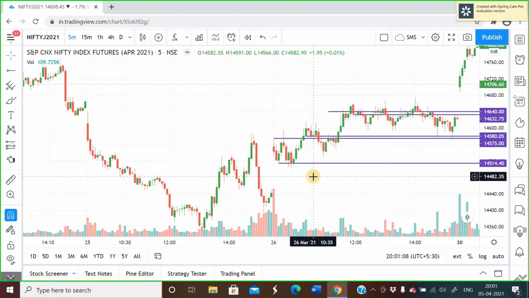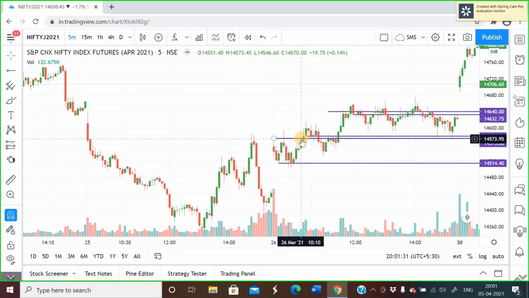If somebody doesn't have adequate capital to trade on futures, I would suggest if you want to trade in options, you can look for in the money options of 100 to 200 points in the money range. So you'll get the same kind of results. But yes, the discipline has to be maintained. It is simple.